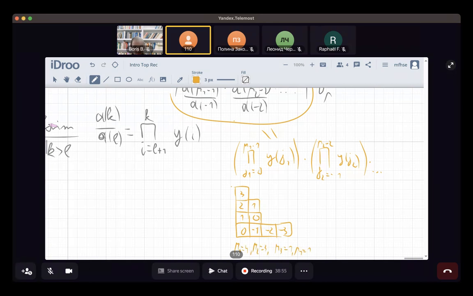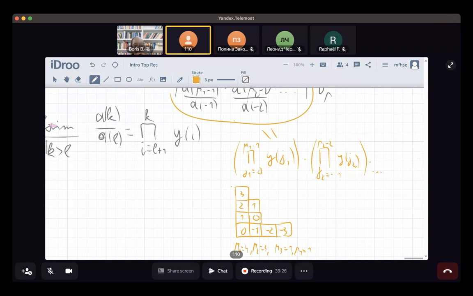Then this product is just the product of all the contents in the first column. It's y applied to all the contents in the first column: y of 0, y of 1, y of 2, y of 3. It's mu1 minus 1, that is 3. Then I get this second one. It starts from minus 1, then 0 and 1 and so on.